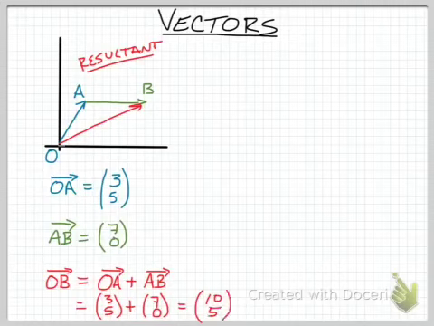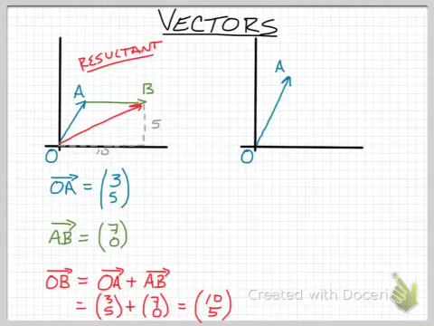And if we count over, we move 10 spaces in our x and 5 spaces in our y, and we can see that from the origin to position B, so OB, we have indeed moved 10 spaces in the x and 5 spaces in the y. So it's just a simple matter of adding those two vectors together.